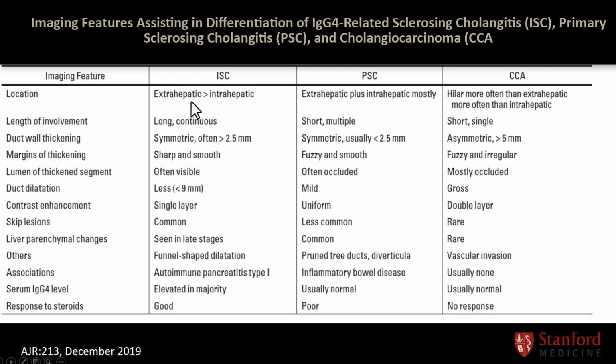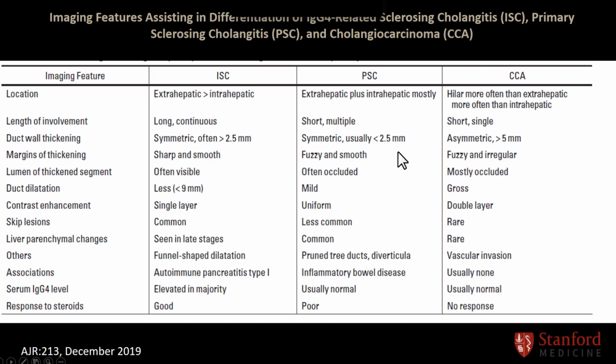Just quickly, the extrahepatic is more involved than the intrahepatic with IgG4, whereas PSC has extrahepatic and intrahepatic. Mostly the length is longer in ISC, shorter in PSC, and the wall thickening is often much thicker in ISC and not as thick in PSC. So those are very helpful.